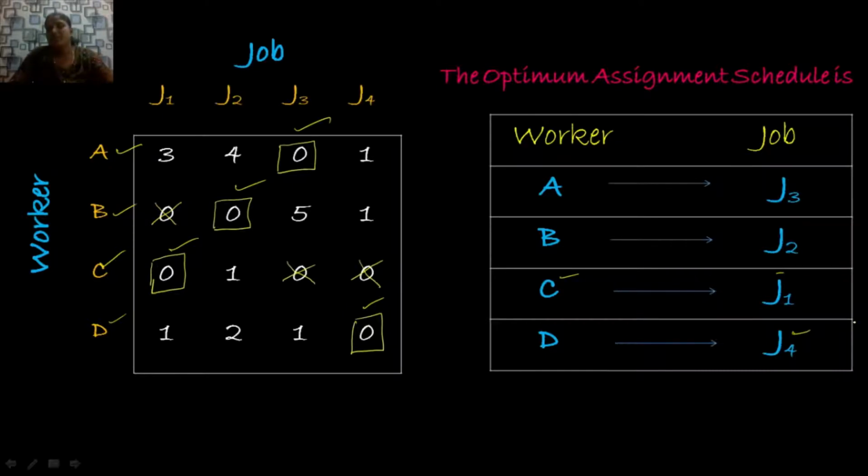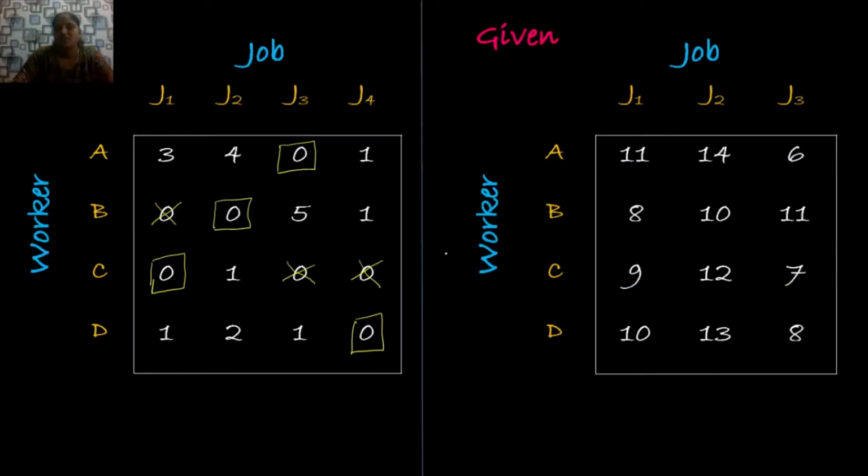So after this we have to write down this is the optimum assignment schedule we have arrived at. After this we have to write down the cost associated with it. For that we need the original cost associated with these positions. So let me look at the given cost matrix. From that matrix we have to take the original cost associated with this portion.